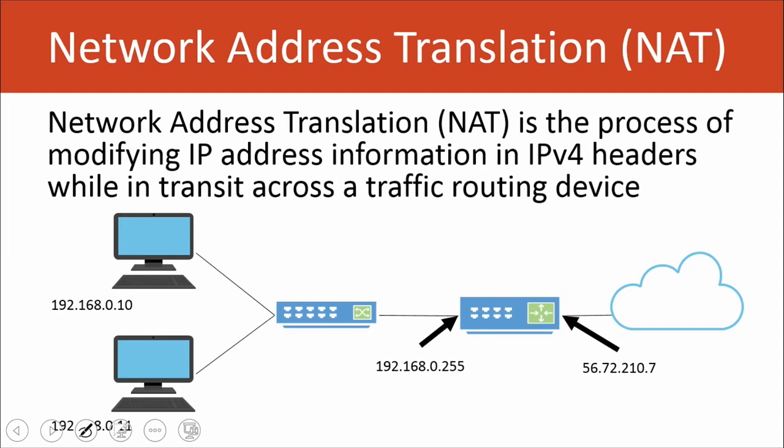So what happens here is that we might have computer 1 send information to a switch. The switch goes ahead and sends it off to the router. And then that packet might have the addressing information of 192.168.0.255.